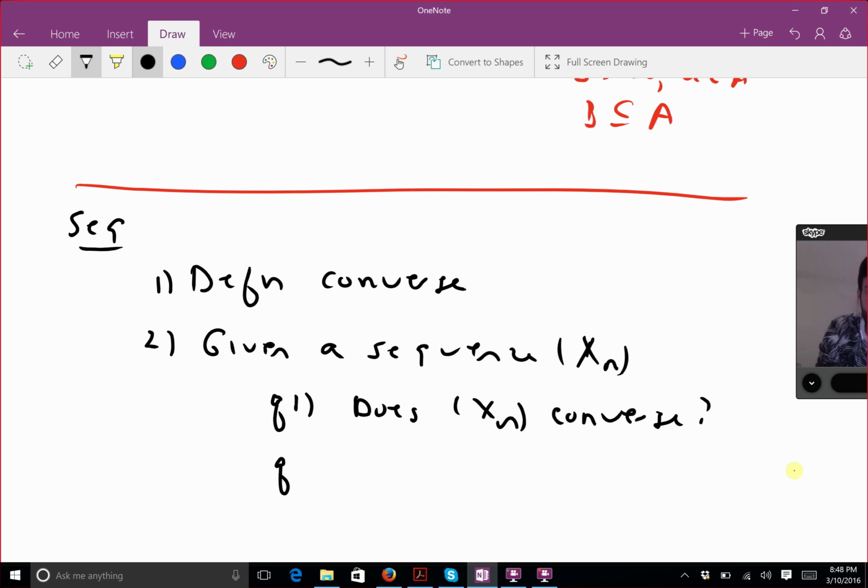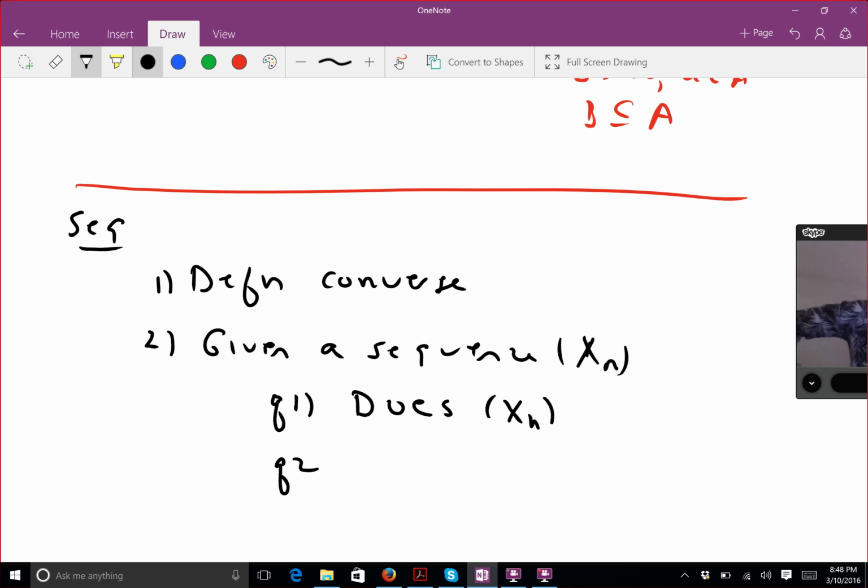Given a sequence x sub n, does x sub n converge? That's question 1.